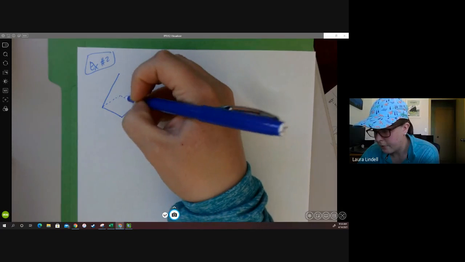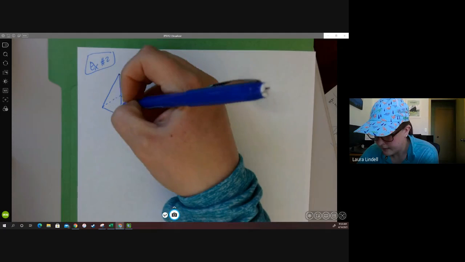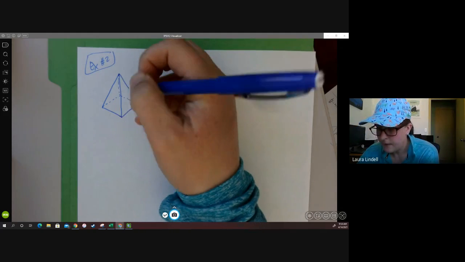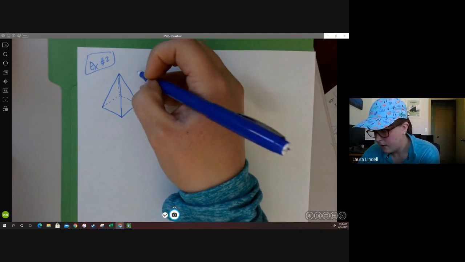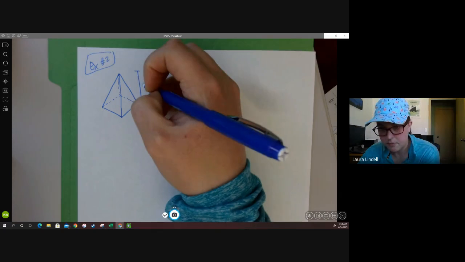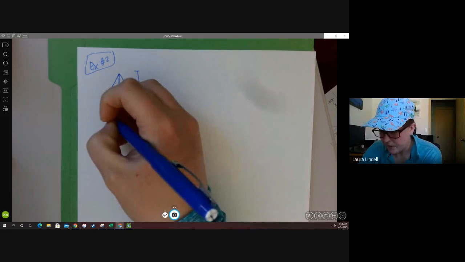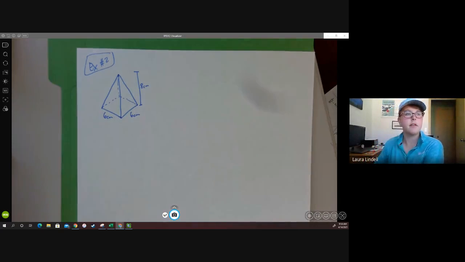We're going to do one with a rectangle base. All right. This dimension is 8 centimeters. This dimension is 6 centimeters, and this dimension is 6 centimeters.